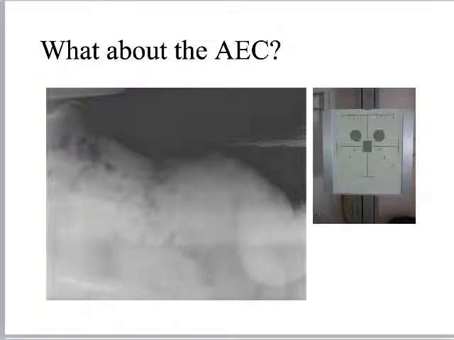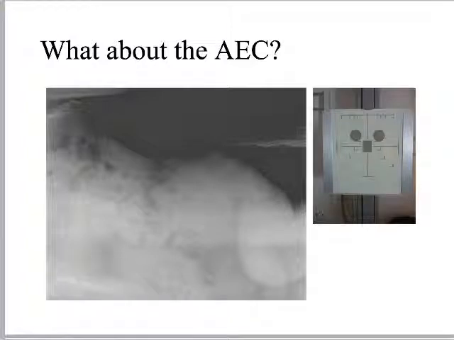Okay, what about the AEC? So AEC is short for automatic exposure control. It is our friend. And if we were to go back to our discussion of the lateral L-spine, the AEC, I said, is one of the tools that we're using now to take better lateral L-spine images, right?